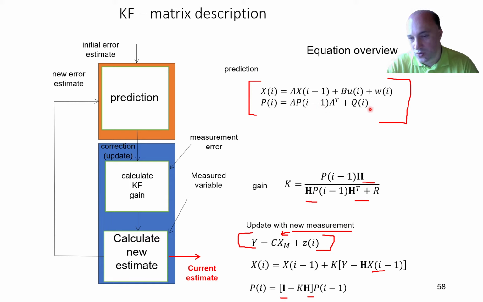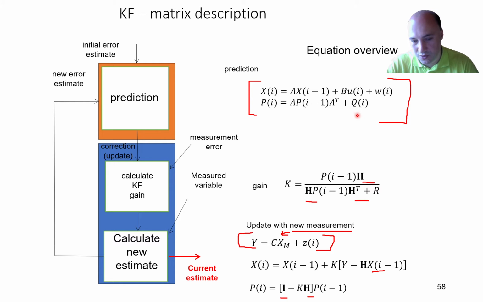And plus q, this will be quite important, this q, because this will kind of disturb the model, the prediction, and later we'll see that the setting of the value of q will have a big influence on how well you are able to follow the actual measurement value. So how well do you trust your model, and how well do you trust your measurements?